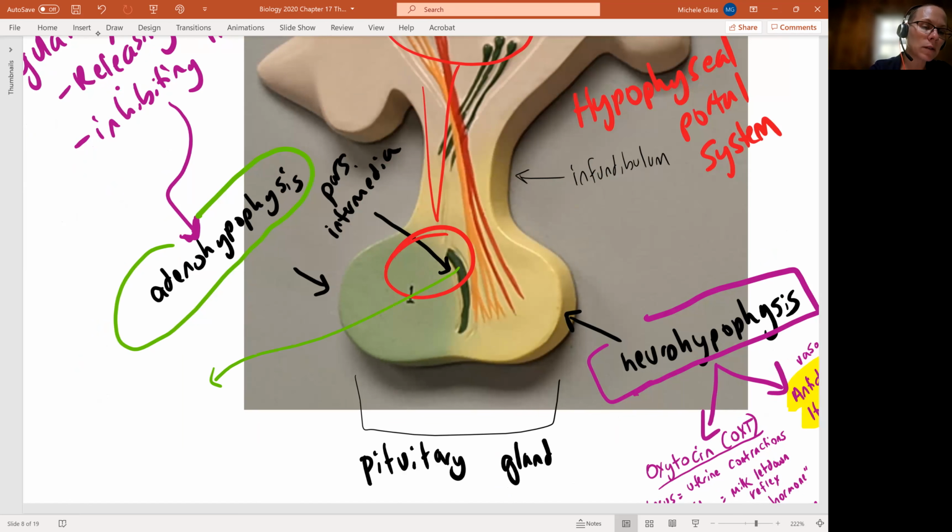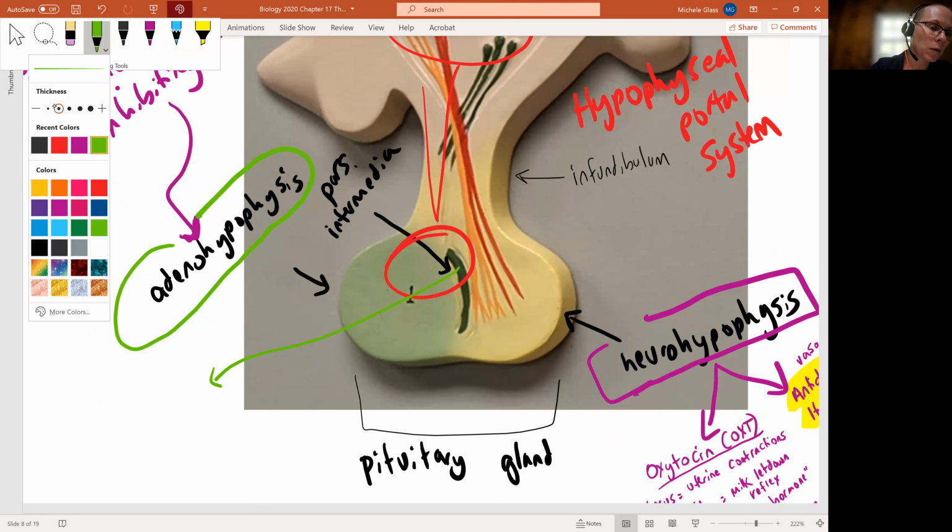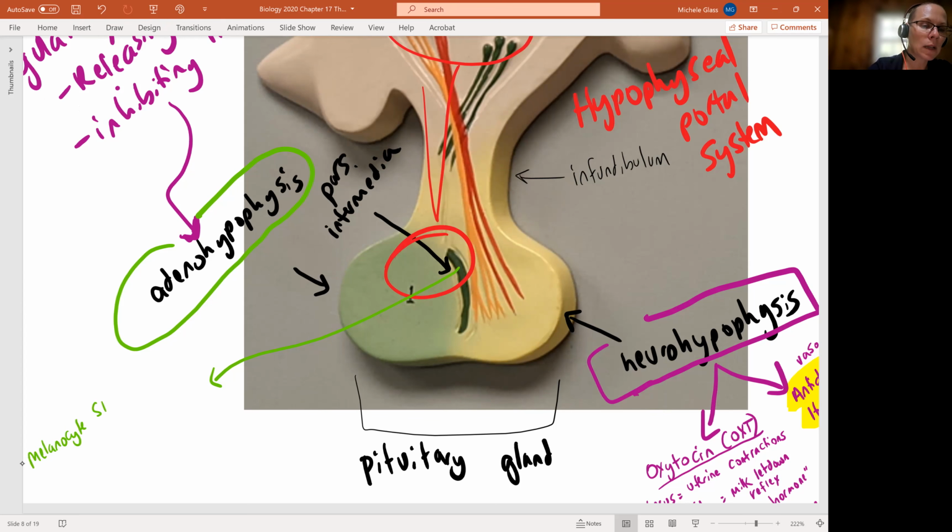And this hormone is called melanocyte stimulating hormone. And this one is abbreviated as MSH.